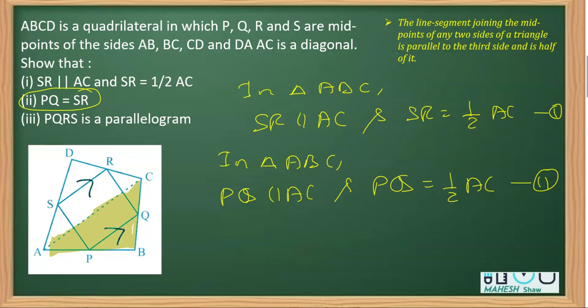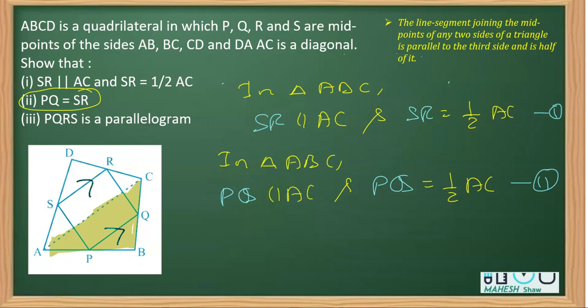Now, when you see equations 1 and 2, you can figure out that both PQ and SR are equal to half of AC. Further, you can also see that SR as well as PQ are parallel to the same line AC.